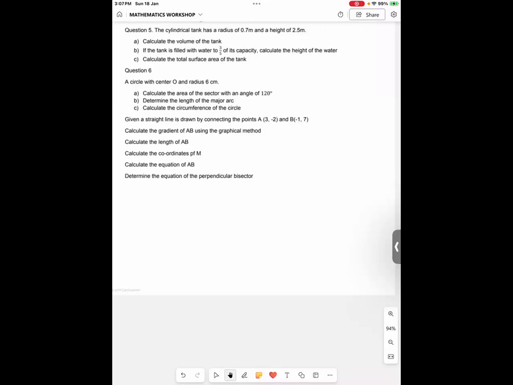So let's attack this. First thing I need to do, guys, is to have an image of what this tank looks like. Since we're told that the tank is cylindrical, it's safe to say that the tank perhaps looks like this. That's my cylindrical tank, all right?